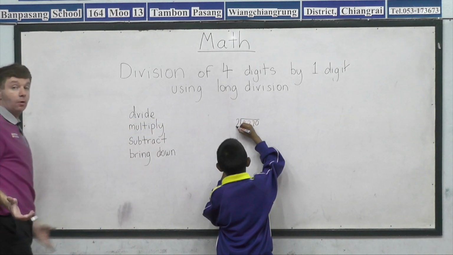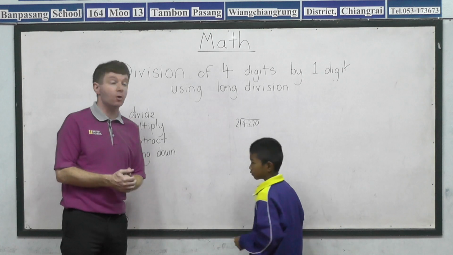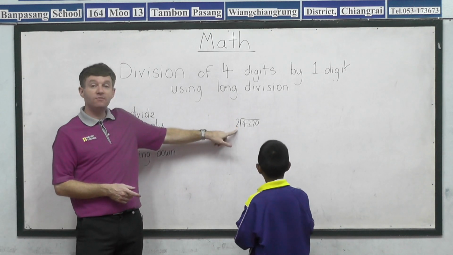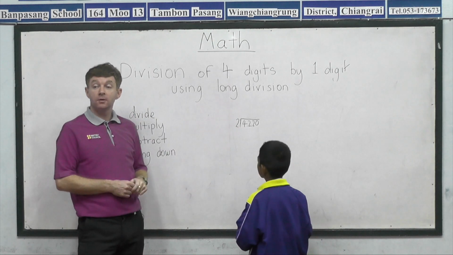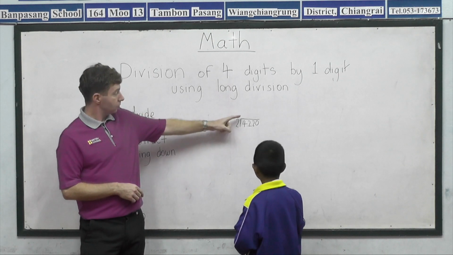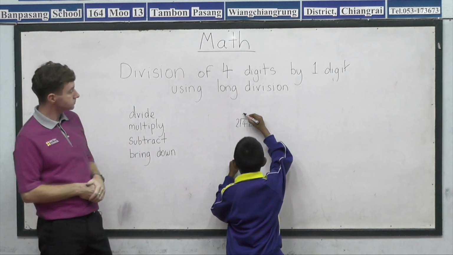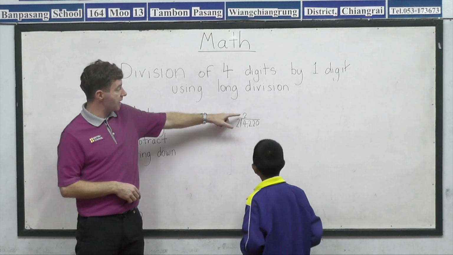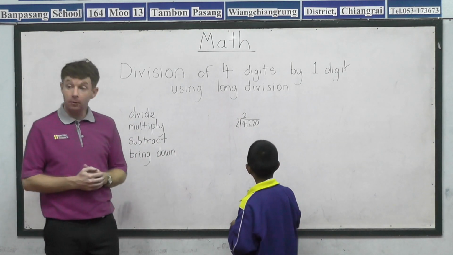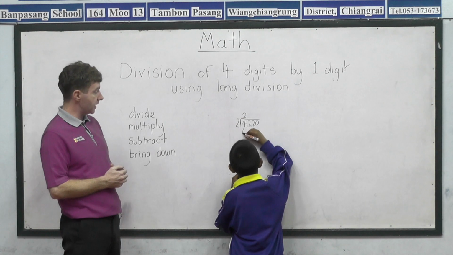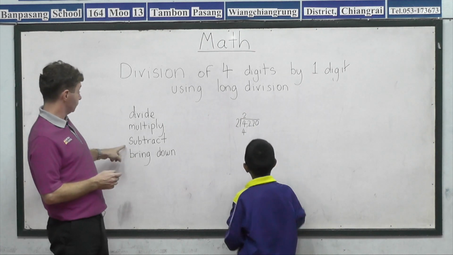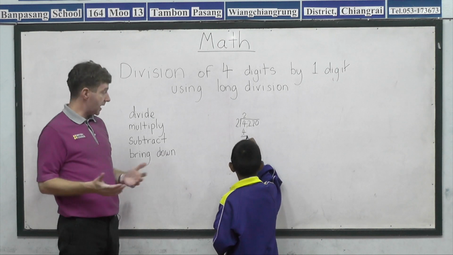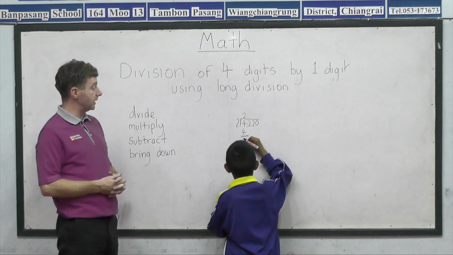We just follow the same process we always do with long division. Step 1, divide. 4 divided by 2 equals 2. So we write 2 on top. Next, it's time to multiply. 2 times 2 equals 4. So we can write 4 here. Excellent, Pat. Subtract. 4 minus 4 equals 0.